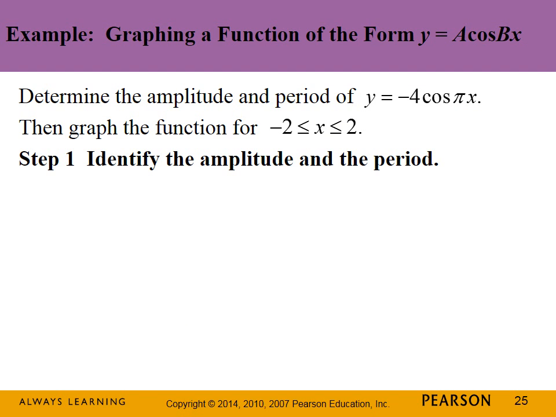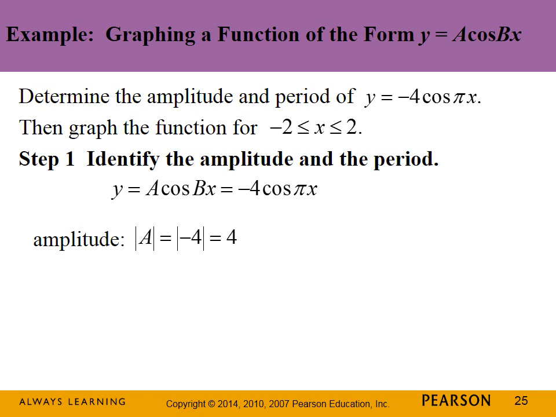Okay, so the first example is to determine the amplitude and the period of y equals -4 cosine pi x, and we're going to graph the function over the interval from -2 to 2. So first we're going to identify the amplitude and the period. So notice that a is -4.